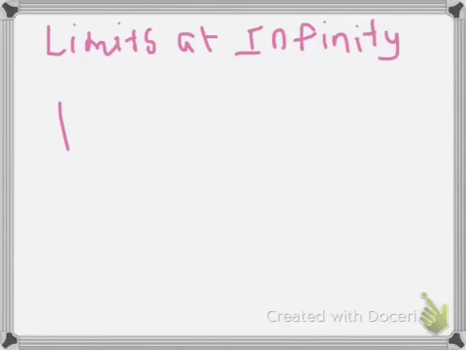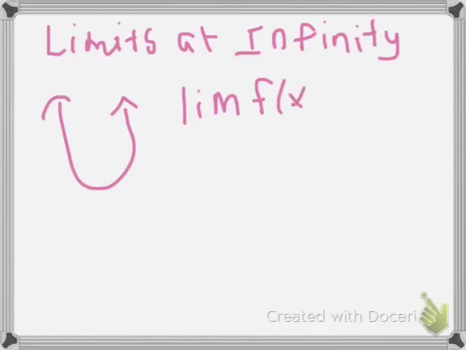Okay? Let's talk about this graph. We're looking at infinity. We're looking at positive infinity, negative infinity, and seeing what the limit is. Okay, so as the limit of, let's call this f of x, that's going to be the name of our function, as x approaches positive infinity, your limit is positive infinity.